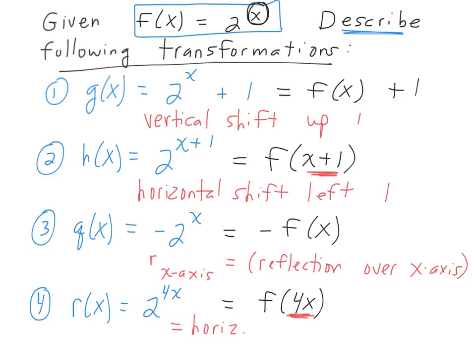Now, since it's a number greater than 1, we said this is going to be a horizontal shrink, and the scale factor, SF for scale factor, is equal to 1 over 4, so the reciprocal of that 4. So we would see this compress horizontally. It would shrink horizontally by a factor of 1/4.